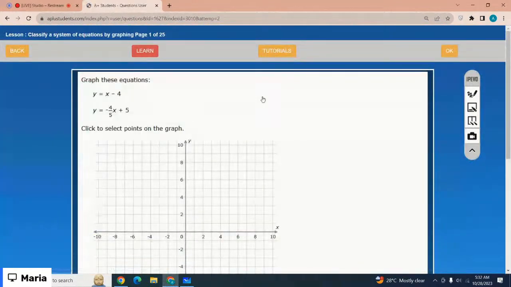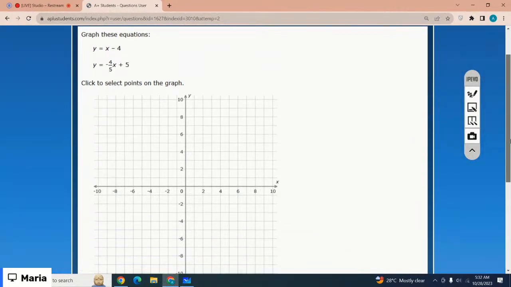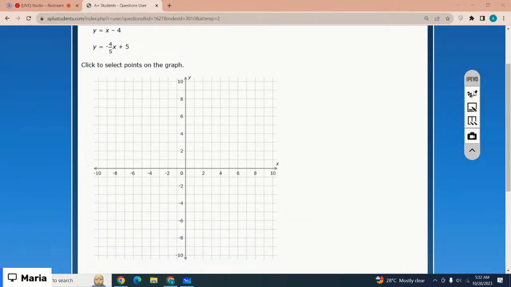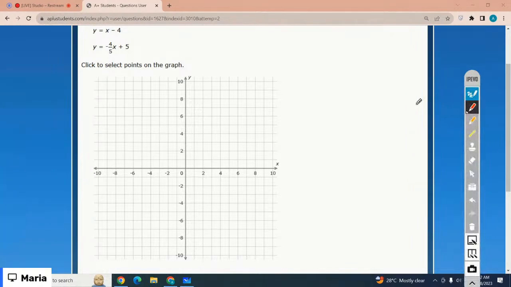Y equals x minus 4, and let's plot a graph for both the equations, because we need to find the solution. For the first one, m equals 1 over 1, so the slope is 1. For the y-intercept, you have 0 and minus 4.